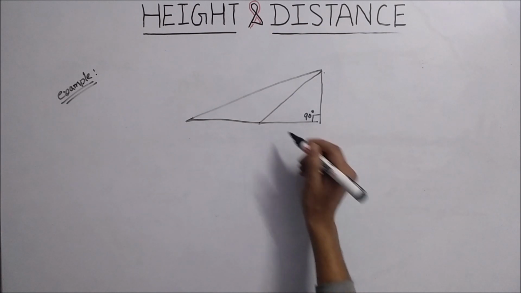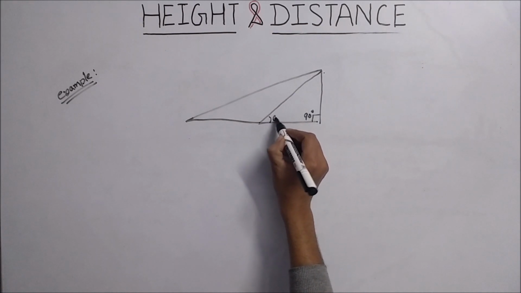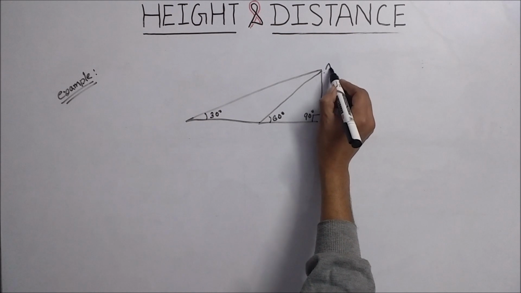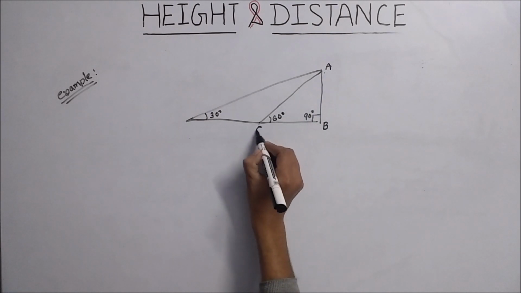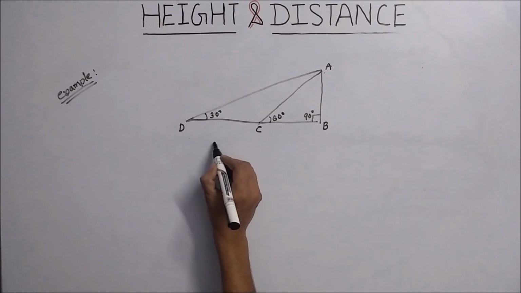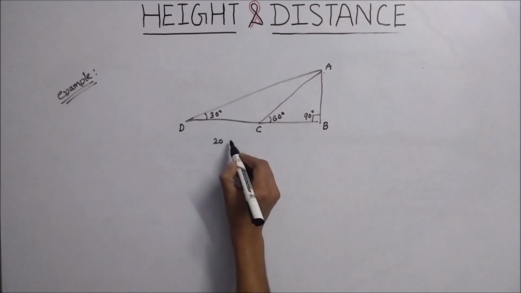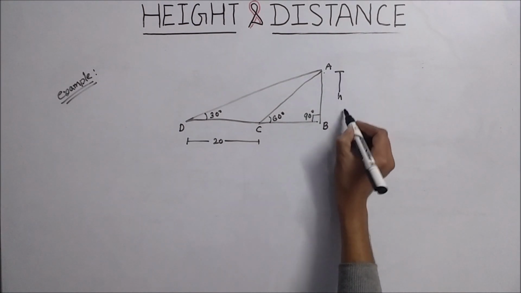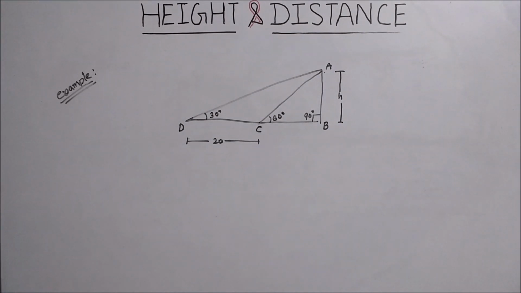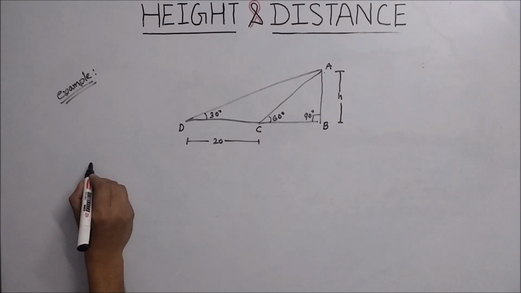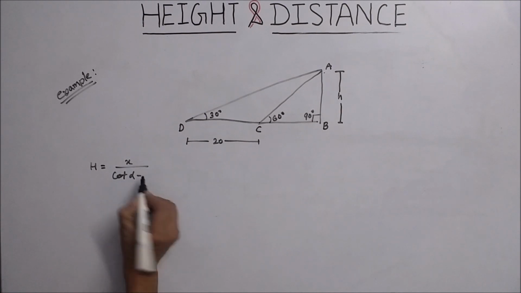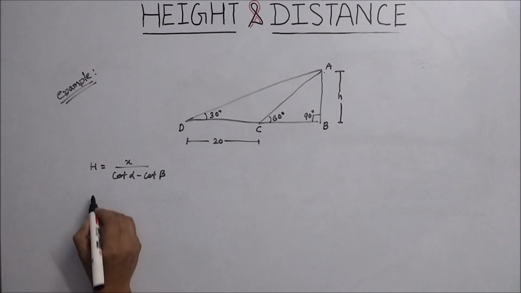This angle is 90 degree, this angle is 60 degree, this angle is 30 degree, this is point A, this is point B, this is C, this is D, and the distance between CD is 20 centimeter, and you have to find the height of AB. Using the previous method, you just put the values: h is equal to x upon cot alpha minus cot beta.